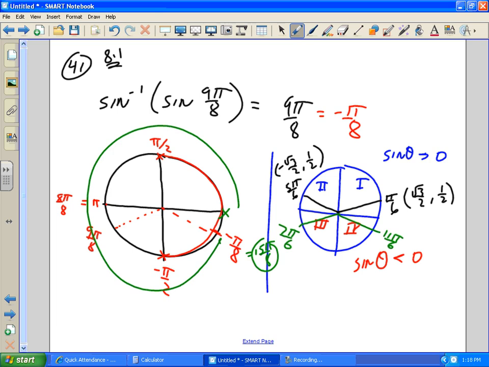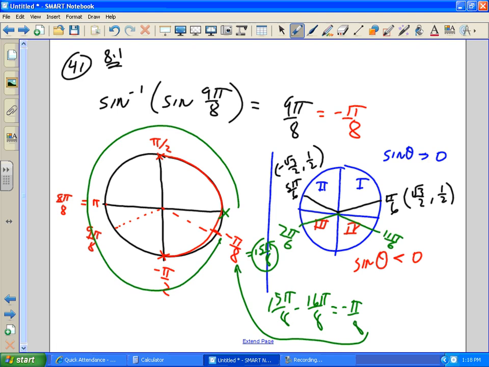But I can't talk about 15 pi over 8. It's way too big. So we could get a coterminal angle by subtracting 2 pi from this. So if you say 15 pi over 8 minus 16 pi over 8, you end up with negative pi over 8, and that would be it.